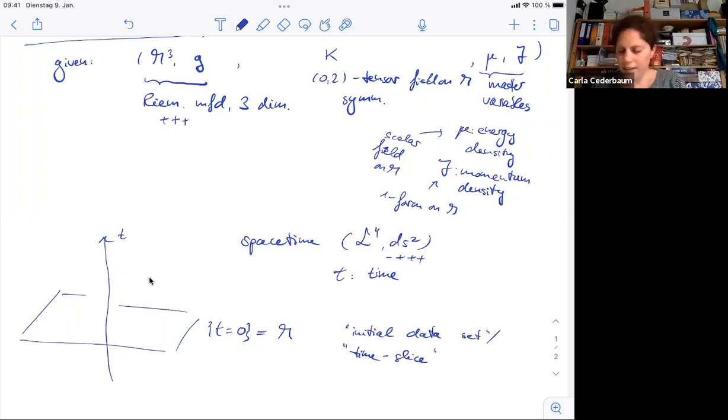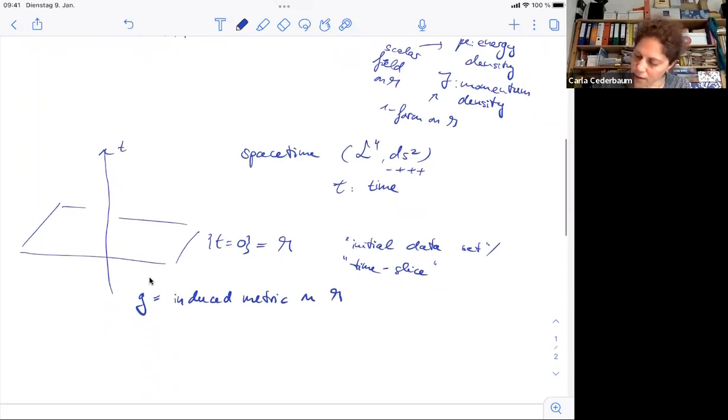Okay, and then what are the objects g, k, mu, and J? Well, g is what we call the induced metric on M here.